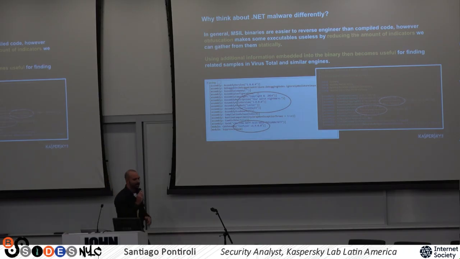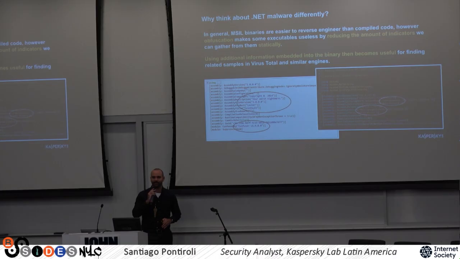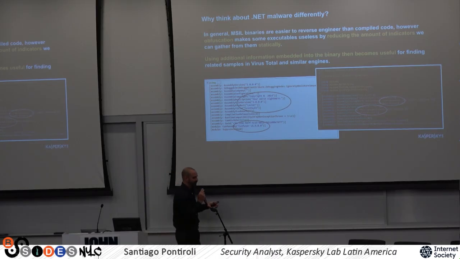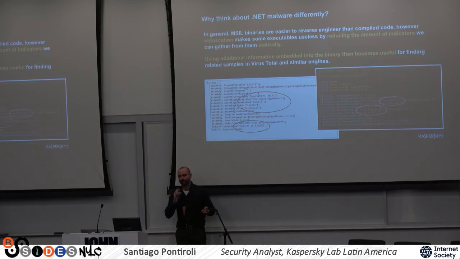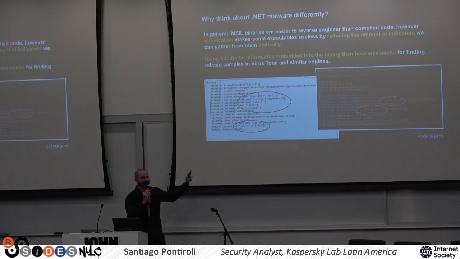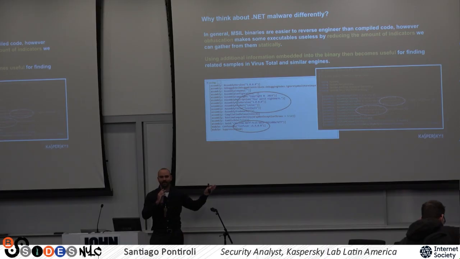So why think about .NET malware differently? When you are dealing with traditional samples, you go right away to static analysis: you try to see strings, file attributes, compilation date, things like that. But with .NET, not many people realize that you have a lot of metadata embedded into the binary.